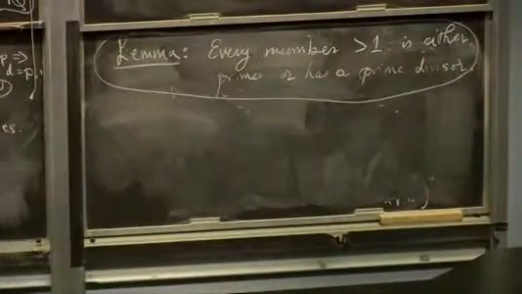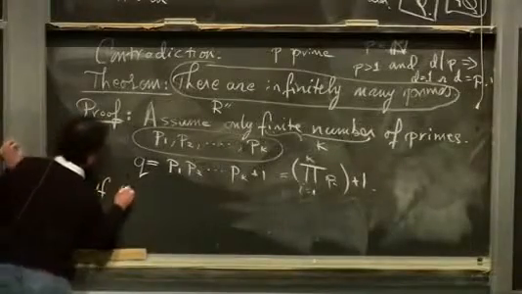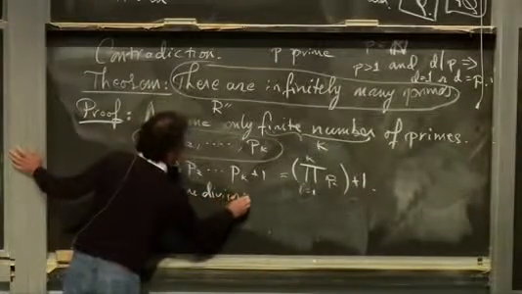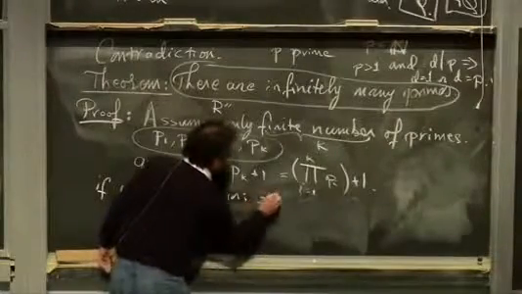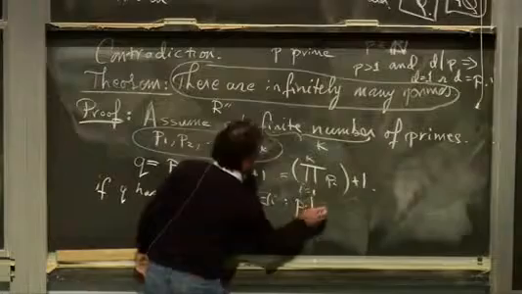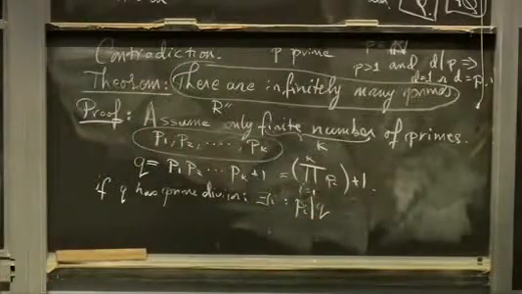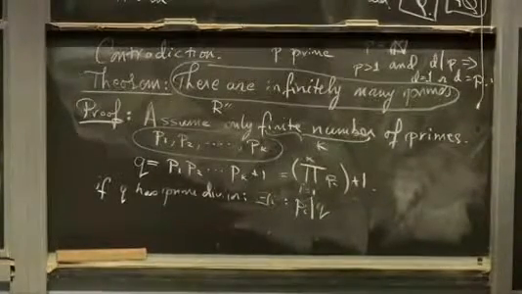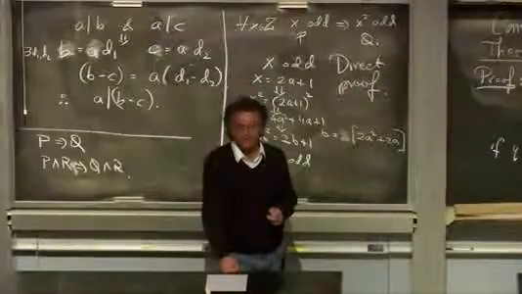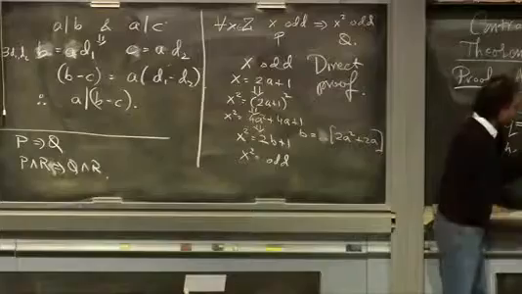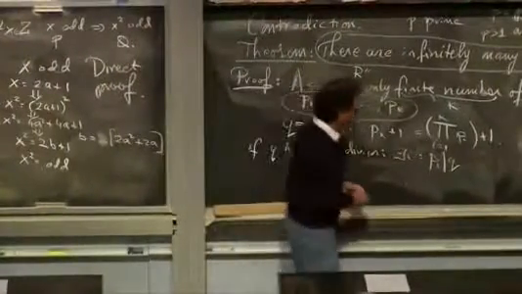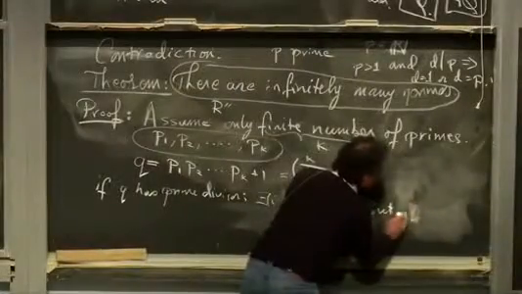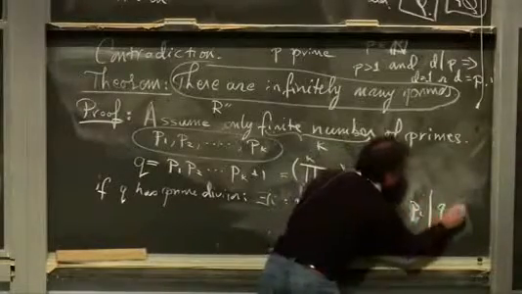Okay, so if Q has a prime divisor, then there exists i such that p_i divides Q. What else do we know about p_i? Well, it divides Q, but also p_i divides Q minus 1.